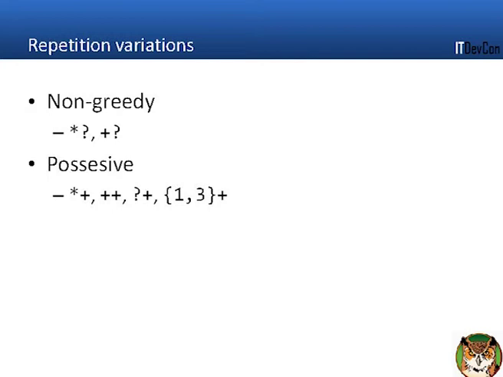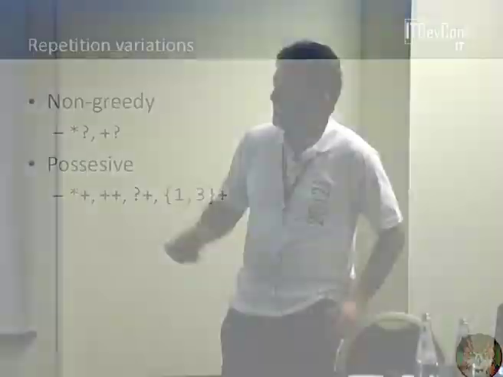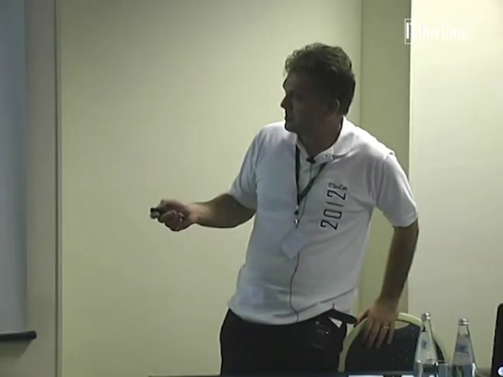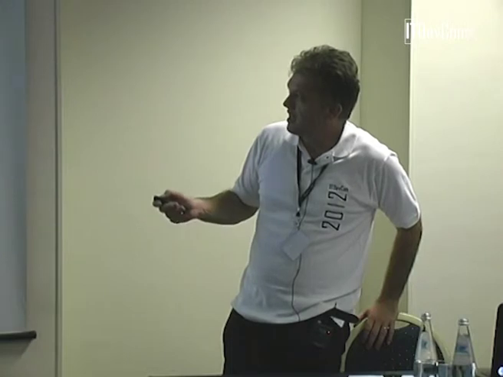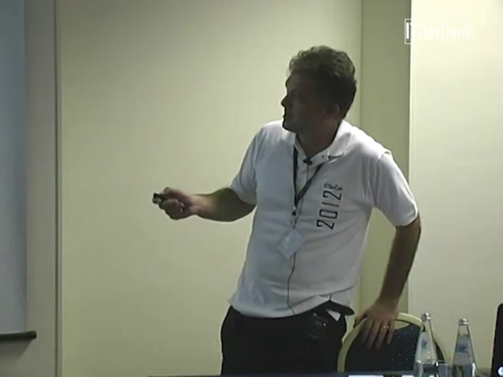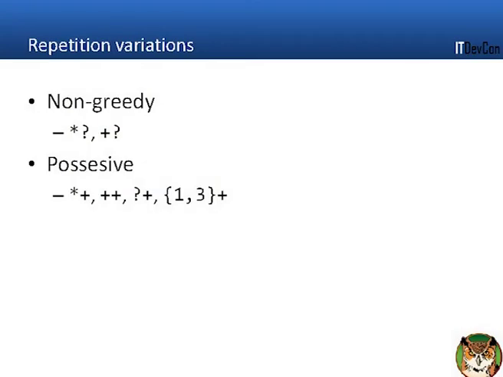They try to grab as much as possible. So the regular expression engine will say, okay, this angle bracket will match my angle bracket, less than, and then star will grab as much as possible, and then it will end with the finishing bracket. And again, this is working line by line at the moment, not over the whole string.